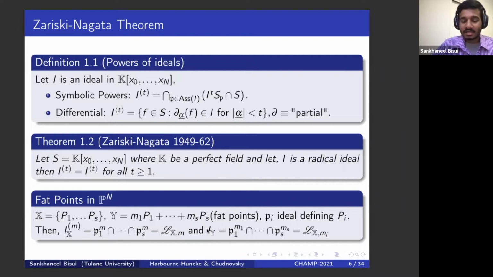And this ideal is the same set that we took our motivation from, the set L_X(M_I).